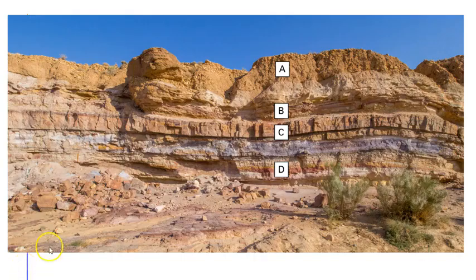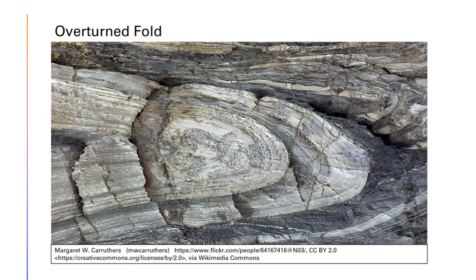In this photograph, strata D is oldest and A is youngest. If strata is no longer horizontal, then we know the rocks have been subjected to deformation. In some cases, the deformation can be so intense that strata has been folded over onto itself, and the principle of superposition no longer applies.